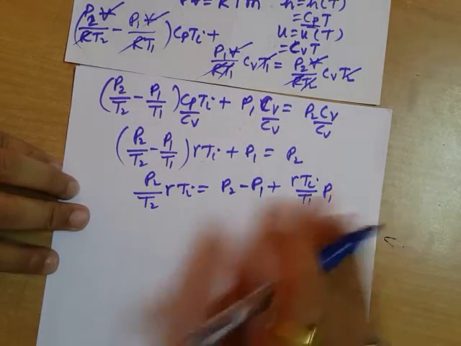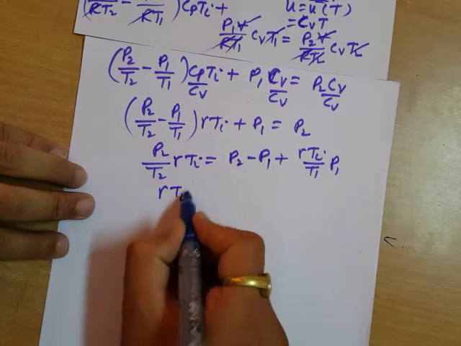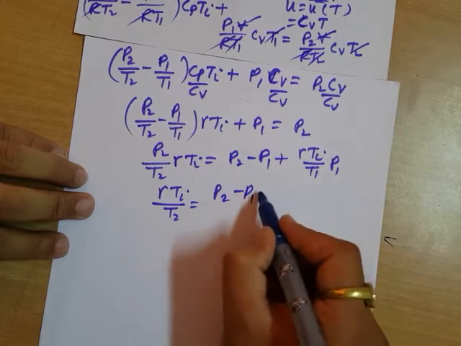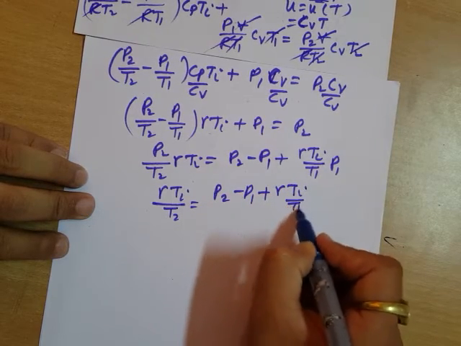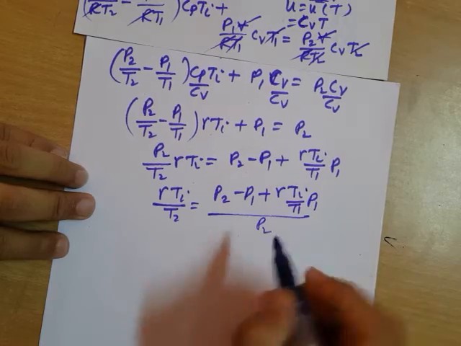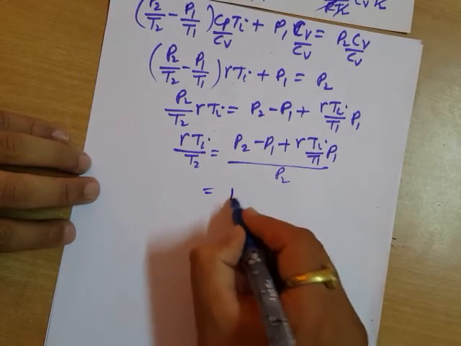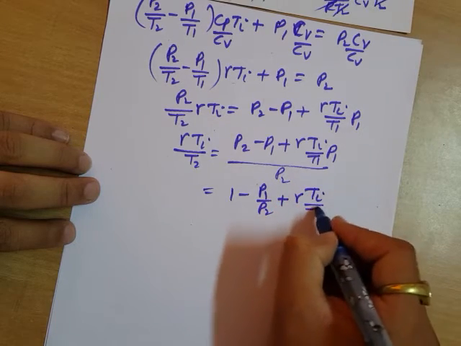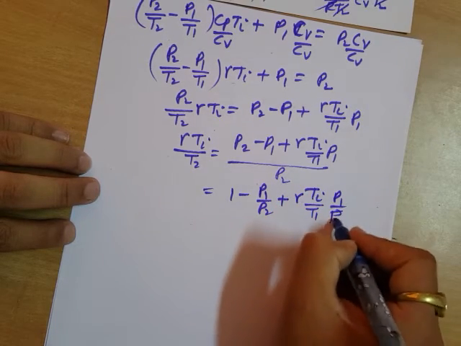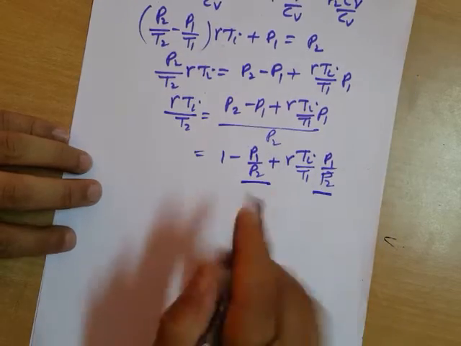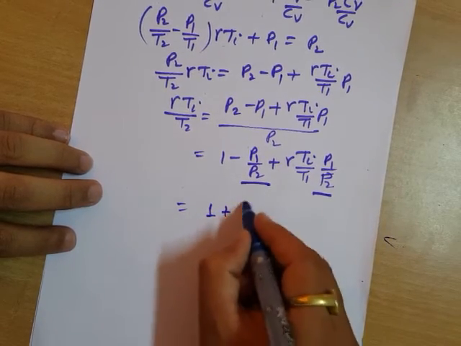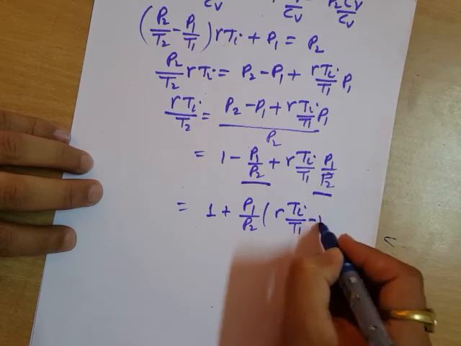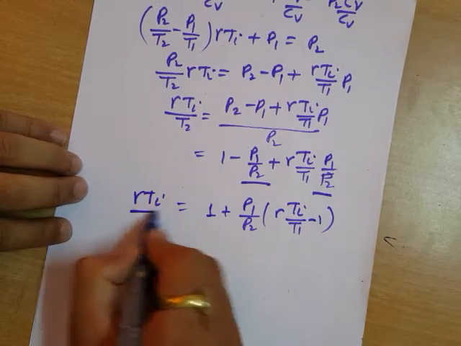Dividing this whole equation with P2, you will get gamma Ti by T2 is equal to P2 minus P1 gamma Ti by T1, P1 divided by P2. So this will become 1 minus P1 by P2 plus gamma Ti by T1 P1 by P2. Taking P1 by P2 common from both terms, we will get P1 by P2 (gamma Ti by T1 minus 1). So this will be gamma Ti by T2.